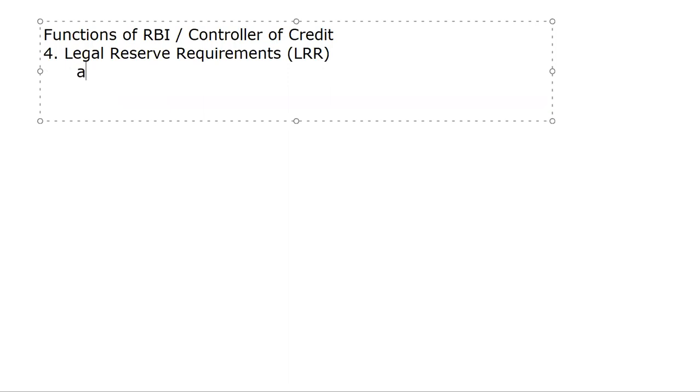Point A is CRR, which we have already discussed. It is known as cash reserve ratio.